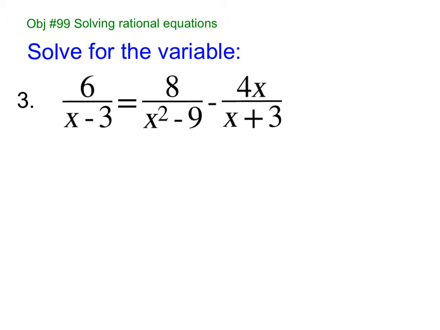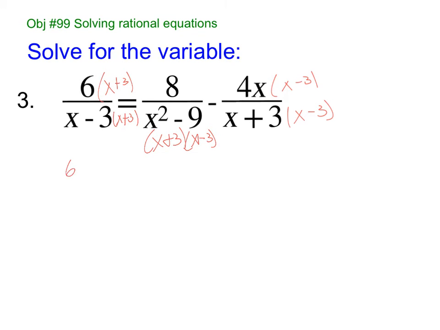All right, so in that same idea, we need to have a common denominator everywhere. So we should notice x plus 3, x minus 3. All right, so what does the left fraction need? I need to put in an x plus 3 here. And the right one, we're missing our x minus 3.